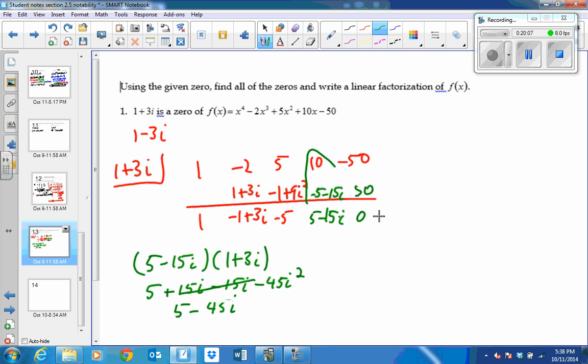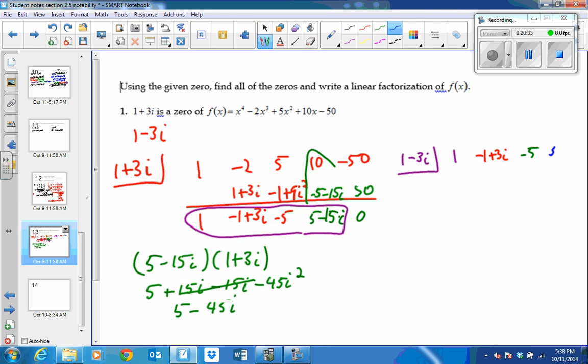Now we're going to put in our other root, which is 1 minus 3i. We're going to use all of this. So we have 1, I'm going to color code, negative 1 plus 3i, negative 5, and 5 minus 15i.